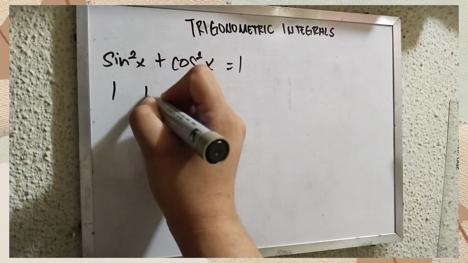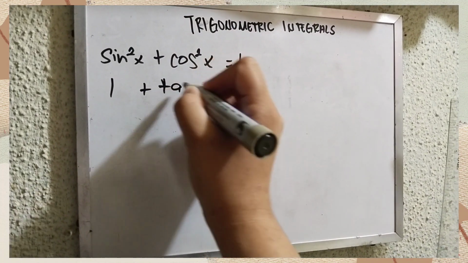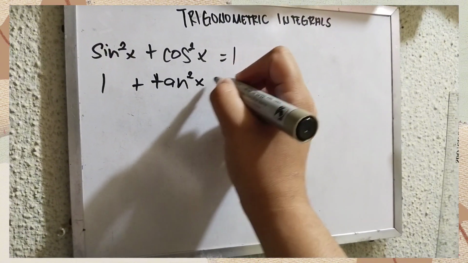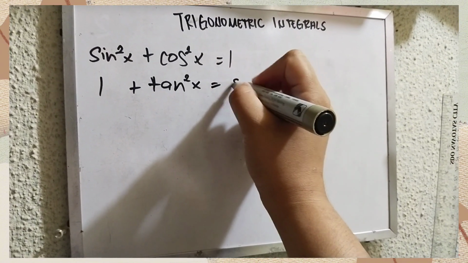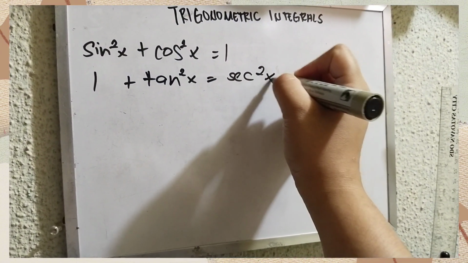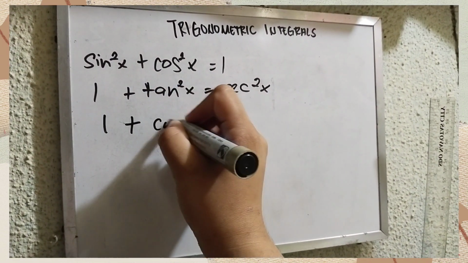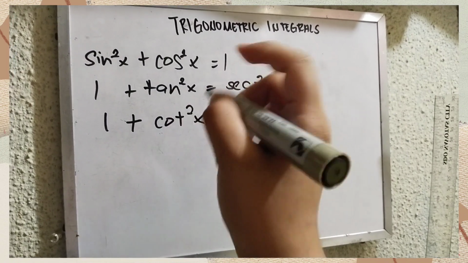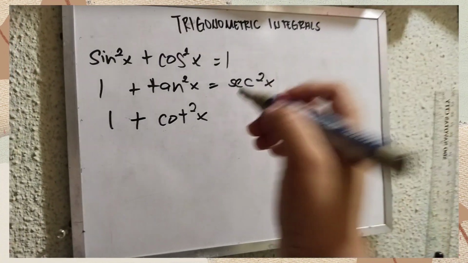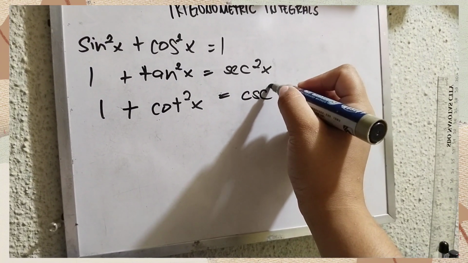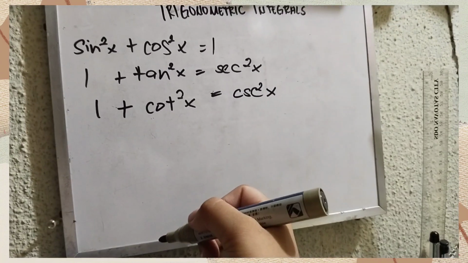Next, we have 1 plus tangent squared x is equal to secant squared x. Next, we have 1 plus cotangent squared x is equal to cosecant squared x.